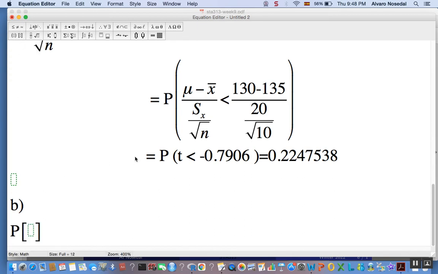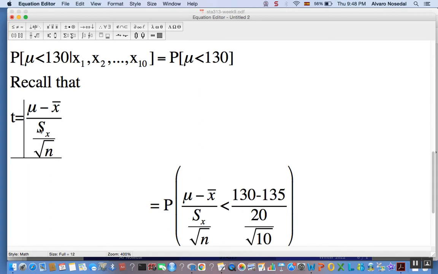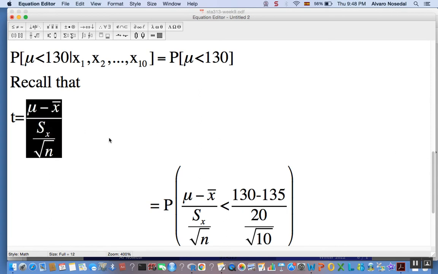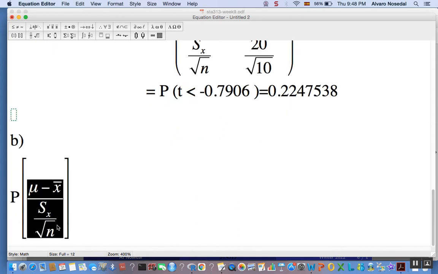So we know that this transformation that we have here has a central t distribution with 9 degrees of freedom. Okay? So we want two numbers from a t distribution with 9 degrees of freedom such that the area between them is 1 minus alpha, right?